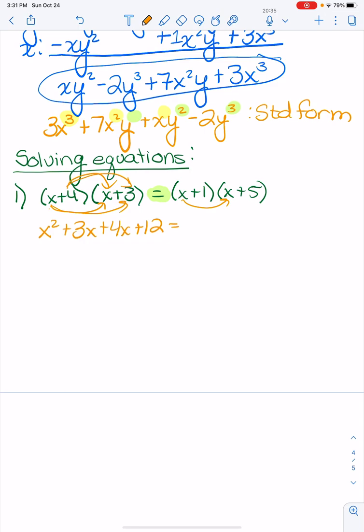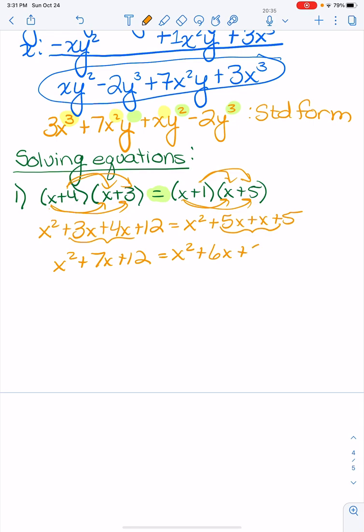X times x, x squared. X times 5 is plus 5x. 1 times x is just x, and 1 times 5 is 5. So we have some like terms we want to put together. X squared plus 7x plus 12 equals x squared plus 6x plus 5.